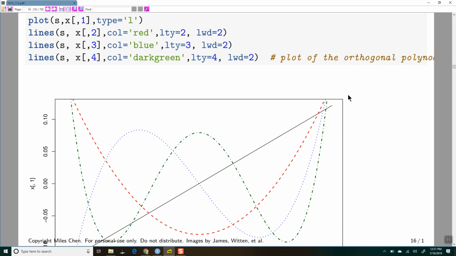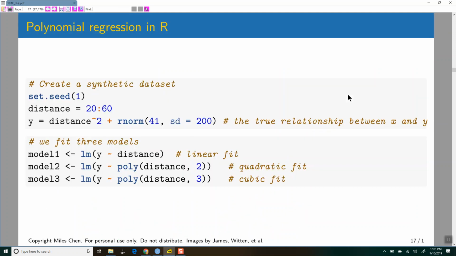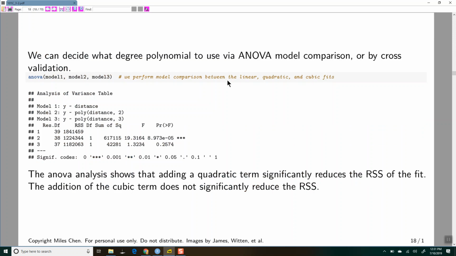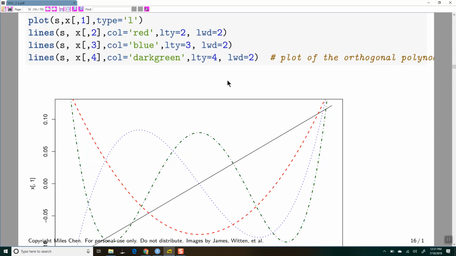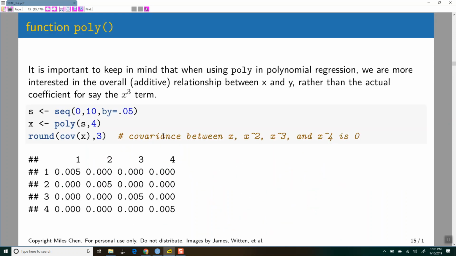Don't worry about this, okay? Basically, R handles all of this stuff for us, and the predictions that it makes using poly would be the same as if you used x squared and x cubed.